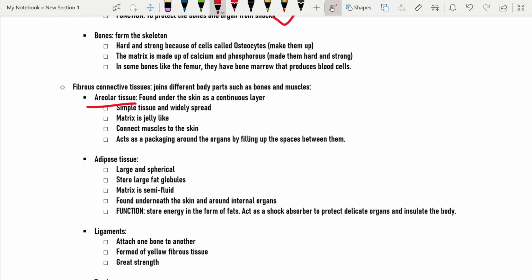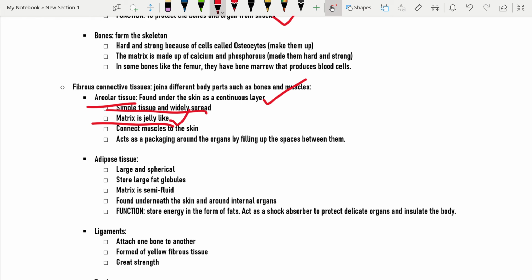They are found under the skin as a continuous layer, simple tissue, and widely spread, meaning if something's simple, it will be widely spread. For example, if you have the numbers 1, 2, 3, 4, 5, 6, 7, 8, many people will know them, so it's widely spread. Same with this. The matrix is jelly-like, meaning its appearance is jelly-like.